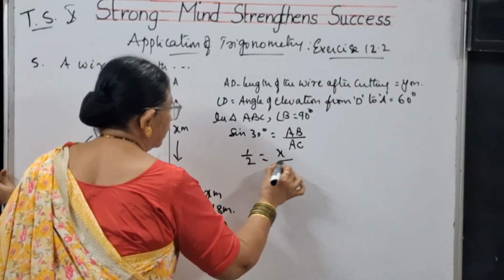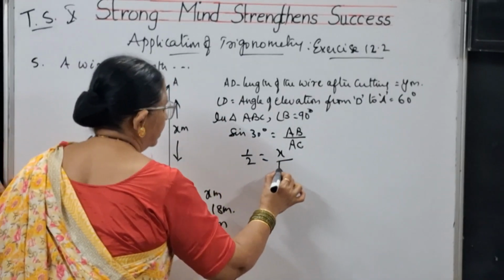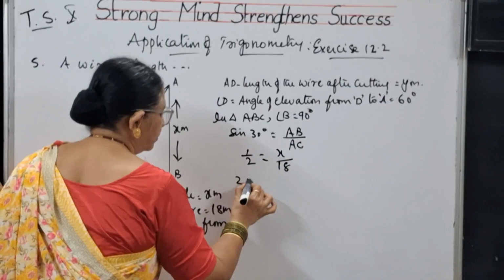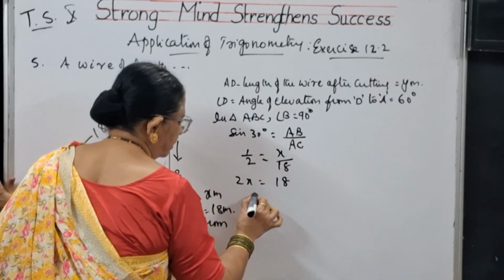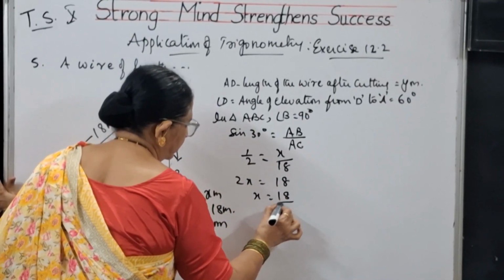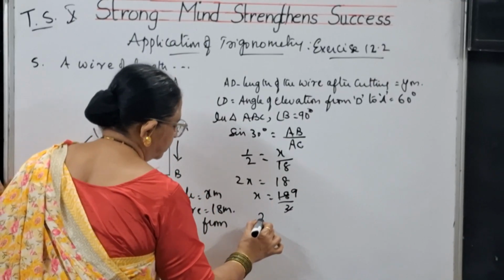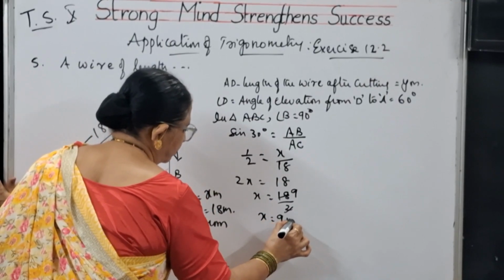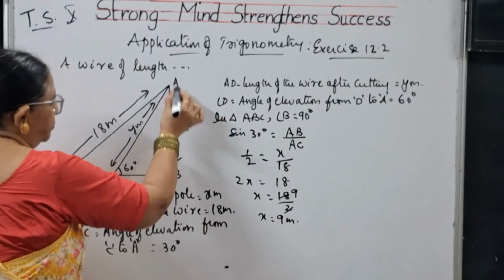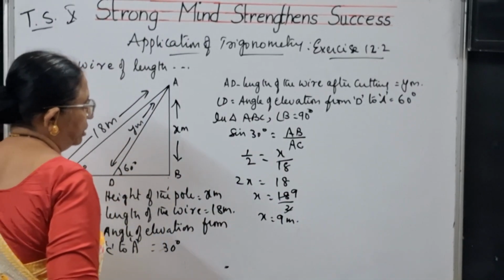AB is x by AC is 18. That means 2x is equal to 18. x is equal to 18 by 2. 2 ones are 2, 2 nines are 18, so x is equal to 9 meters. x means height is 9 meters.